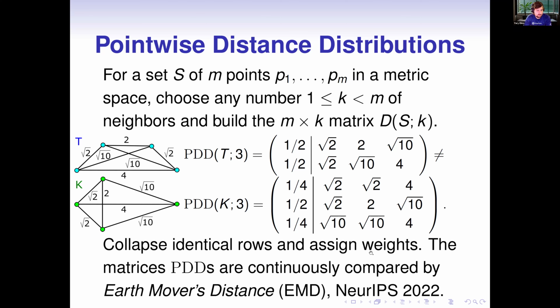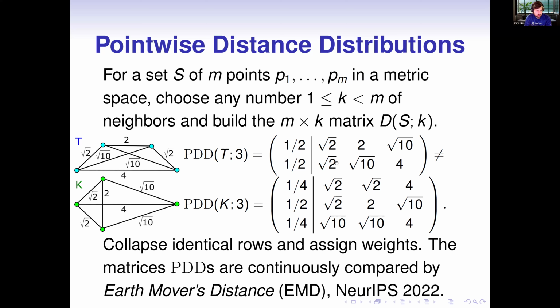So here we have another invariant that is in some sense stronger. It's called PDD, or point distance distribution. We have those points, and for every point we list its distances to all the other points in decreasing order, or in this case I think increasing order, and place them into a row of a matrix.